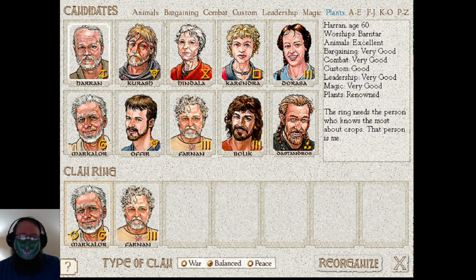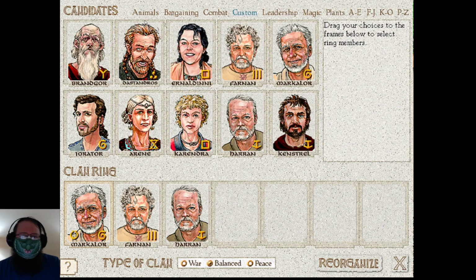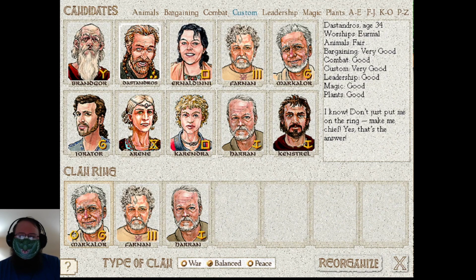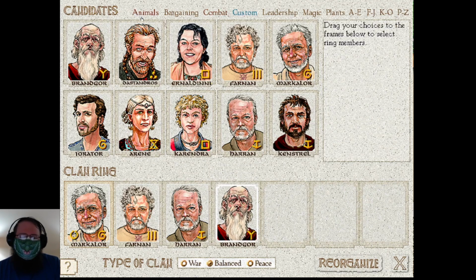Plants. Yeah. Okay. I thought this was an easy setting. So magic, plants, leadership, custom. Another old guy. Oh, you're actually younger than the others. Isn't that lovely?